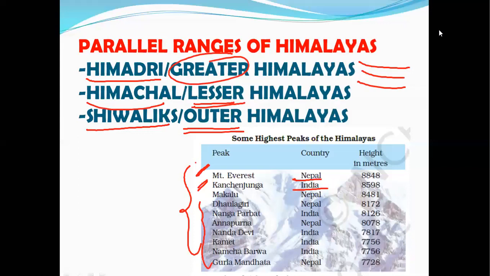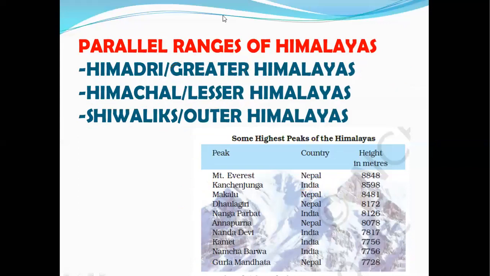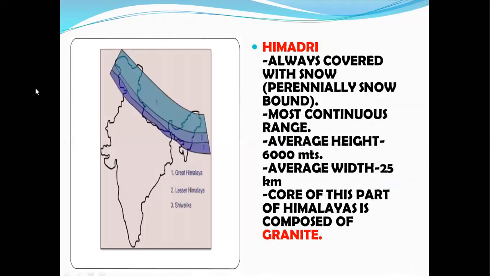Now let's read a bit about the Greater Himalayas, or the Himadri. The topmost range of the Himalayas is called Himadri. They are always covered with snow. They are the most continuous range because they have no gaps in between.